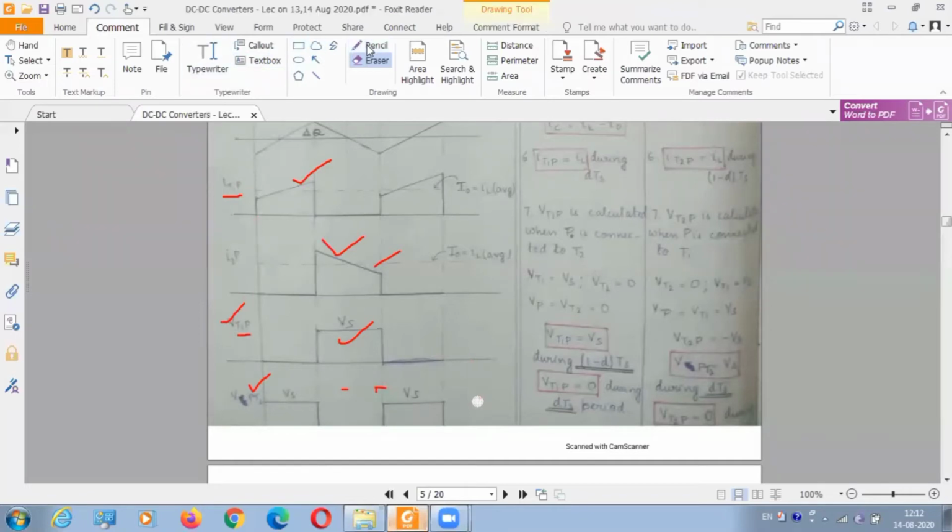Now if I look into the voltage, I have understood that T1P is a MOSFET, T2P is a diode. So if T1P is the MOSFET, then the maximum voltage it should support is Vs, the supply voltage. And if T2P is a diode, the maximum reverse bias voltage it has to support is Vs. So both should support what voltage?